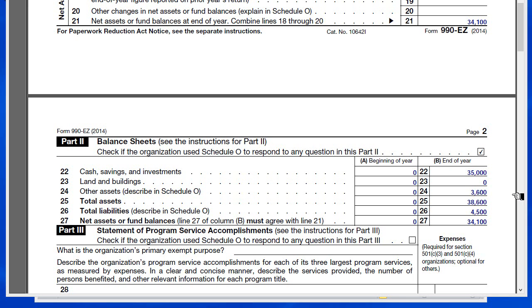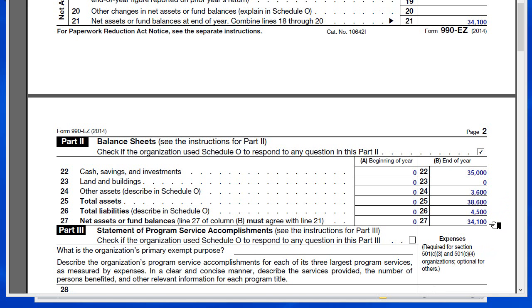Well, the only thing that's really changed here would be our other assets, because it's $400 lower now because of the accumulated depreciation. Of course, that changed total assets, and then it also changed our net assets, which fell by $400.